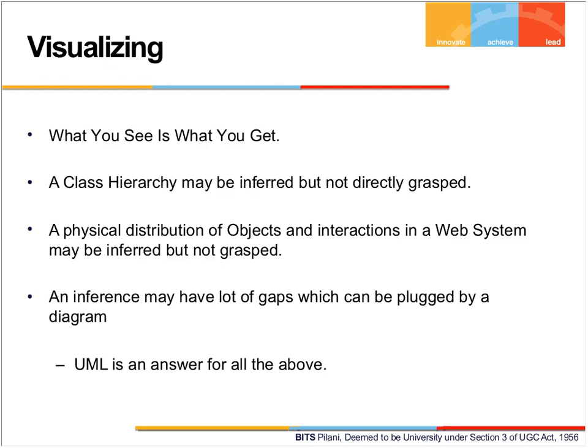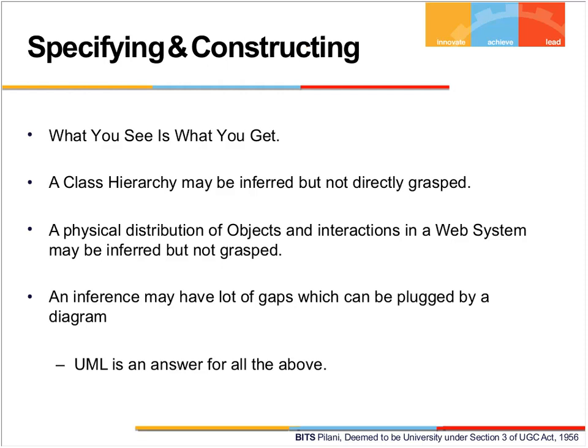So say for example, if I say an apple, the moment I say an apple, what you think of is a pictorial representation of an apple in your mind, right? So this particular kind of language, because it deals with more diagrams, gives you a better understanding of how the system is represented.